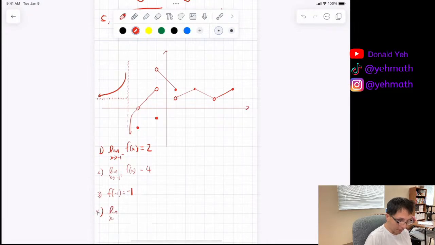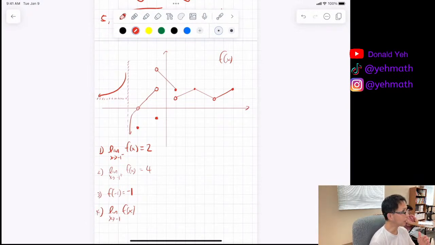How about limit x approaches -1 of f of x, if this is f of x? What about limit x approaches -1 of f of x? Yes. Why is it undefined? Good job, Alvin. The left side does not equal the right side.